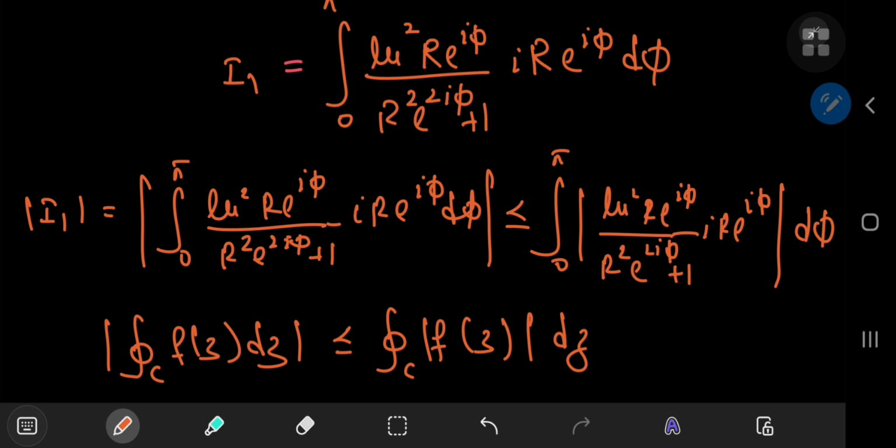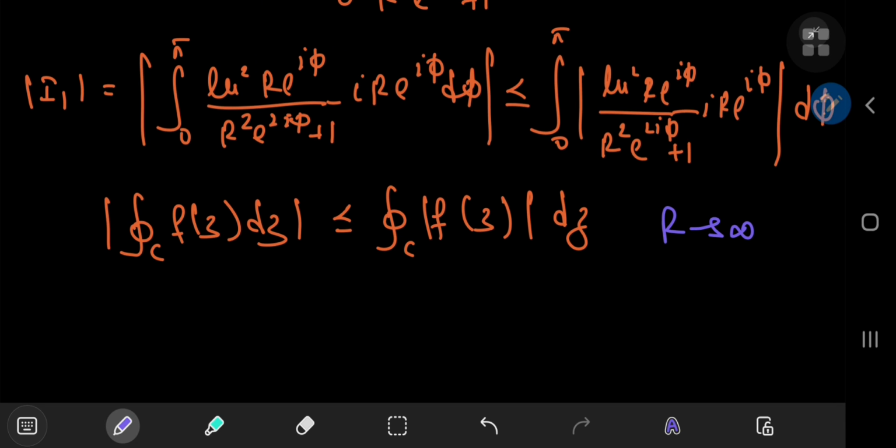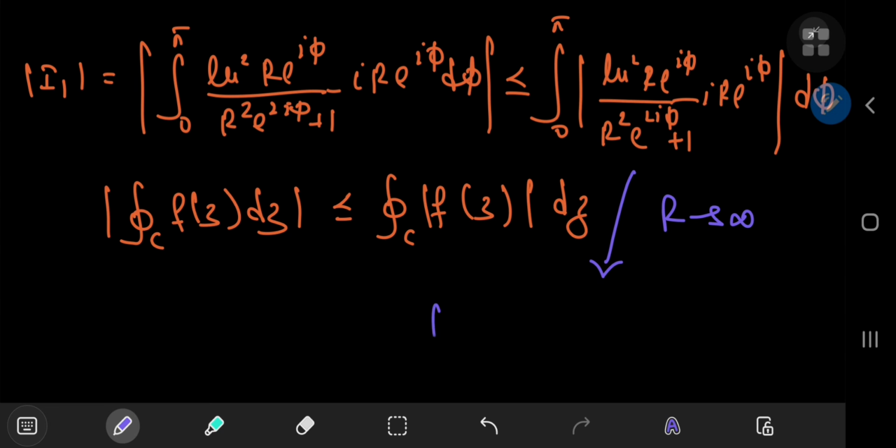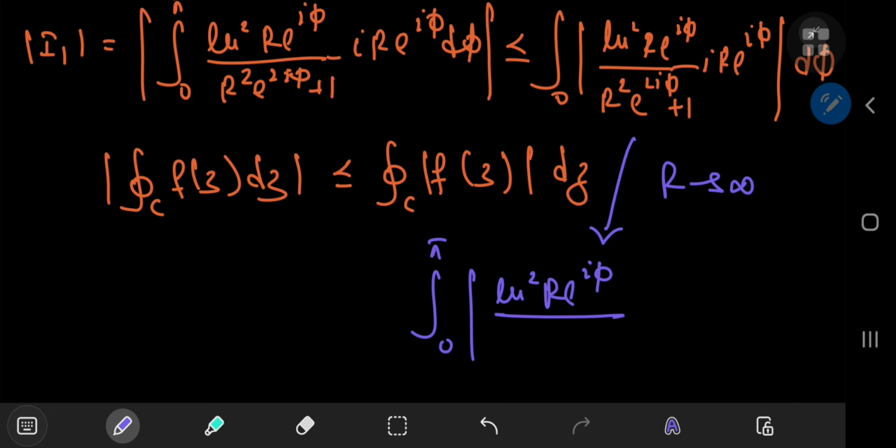Well, time to study the nature of this integral in the limit as r goes to infinity. And I think it's quite clear to you already what the behavior of this integral would be. If I write this as the integral from 0 to pi of the square of the natural log of r times e to the i phi, divided by, if I factor out this r squared term, e to the i phi, it is a constant anyway with respect to integration.